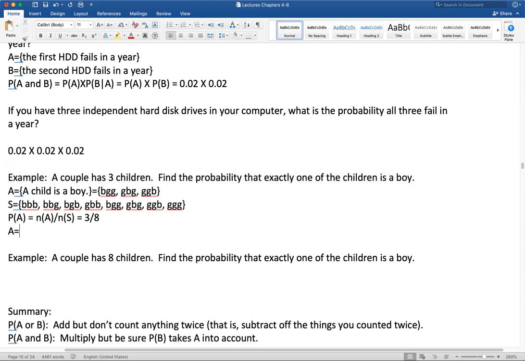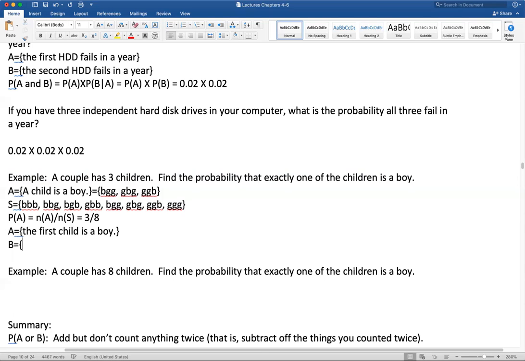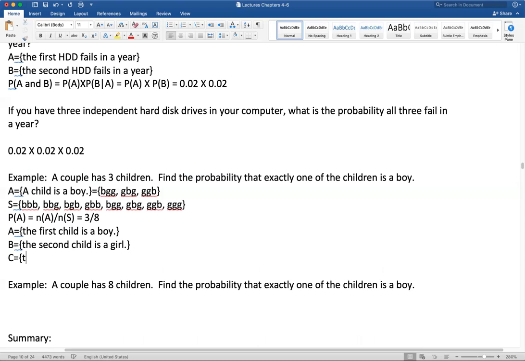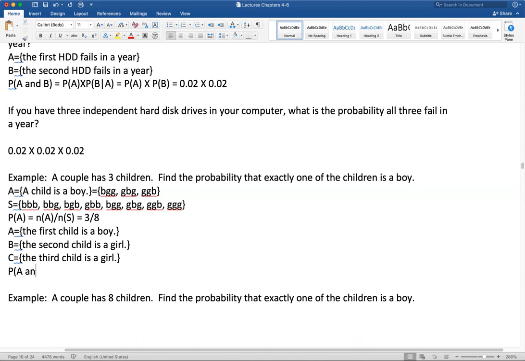Let's say A is the first child is a boy, B is the second child is a girl, and C is the third child is a girl. And then we find the probability of A and B and C. But all three events A, B, C must be independent. Why?